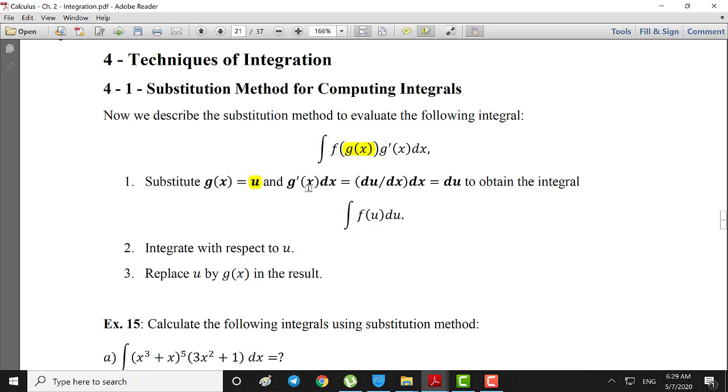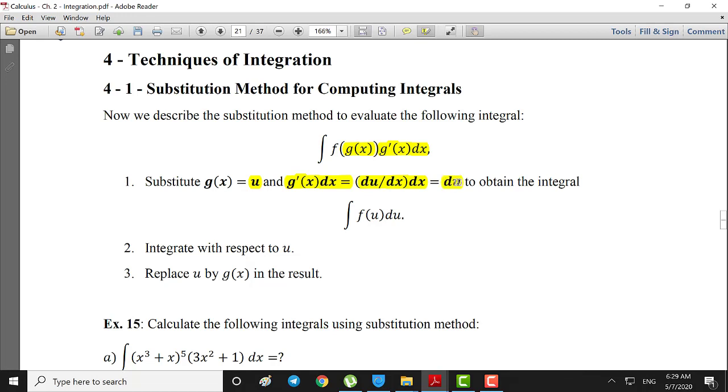This g prime of x dx, which you have here, is equal to what? g prime of x dx is equal to du over dx times dx, and that is equal to what? That is equal to du.